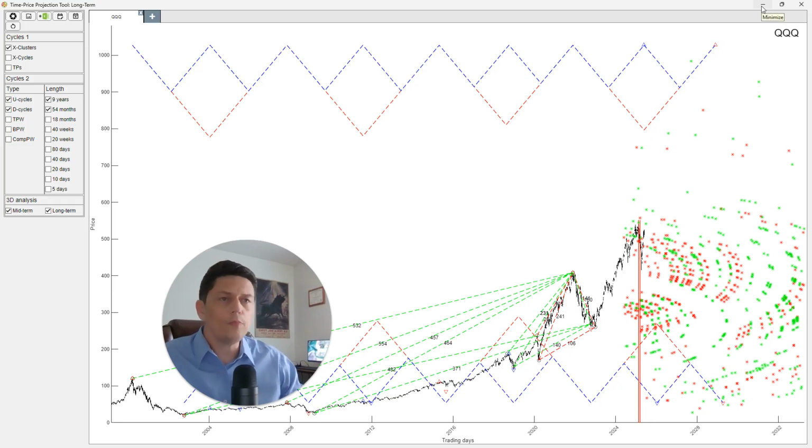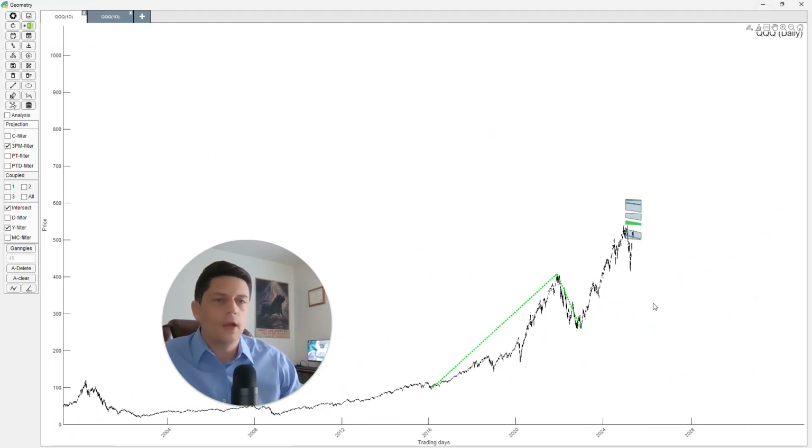So let me zoom in on the price variable for the Nasdaq and show you why we ended up in this gray area. As you can see, the February top on the Qs came very close to this termination green region, as we call it.